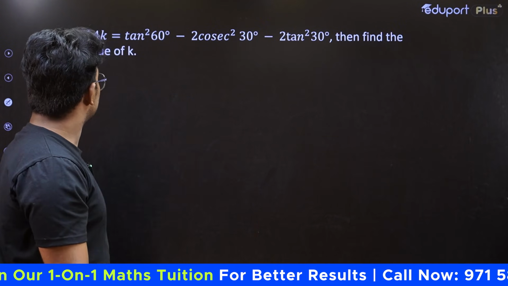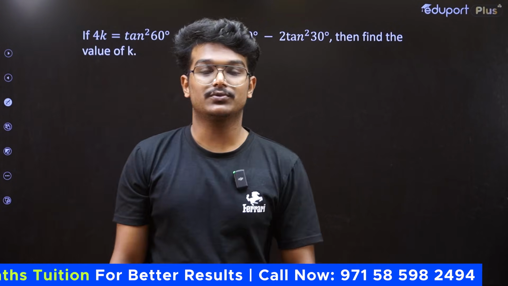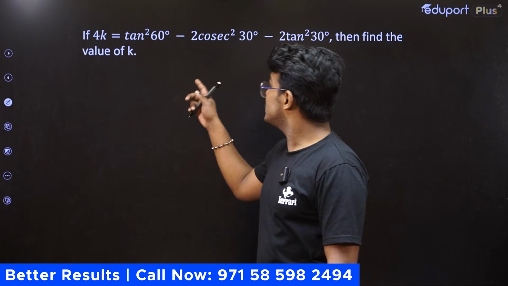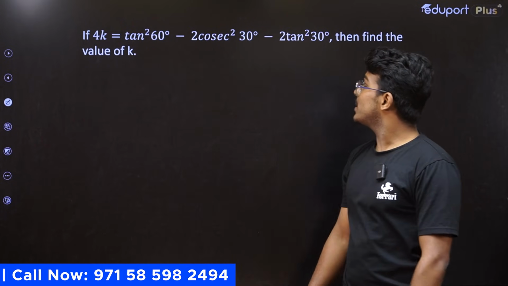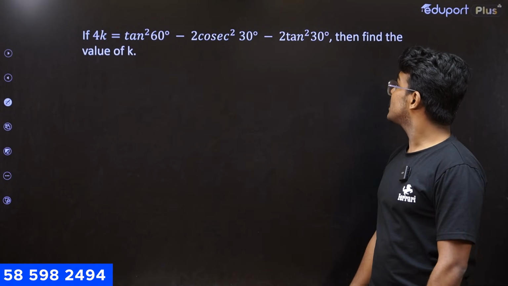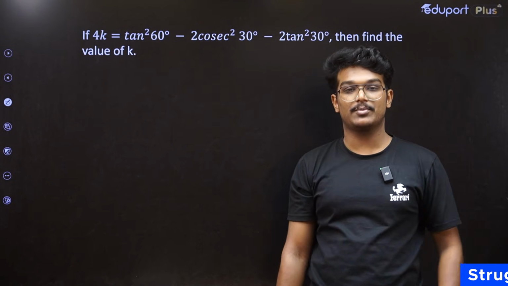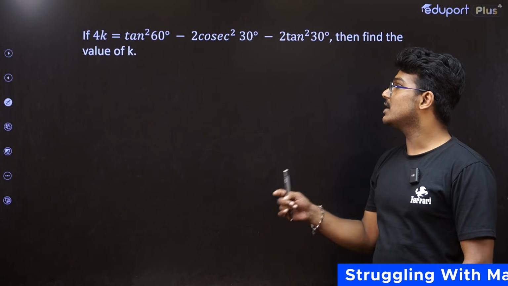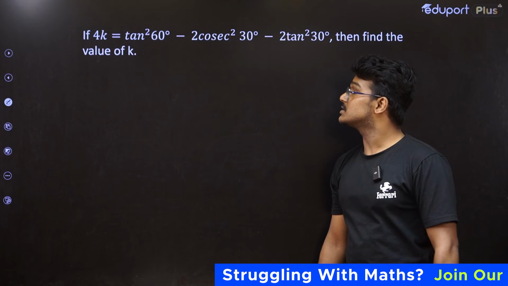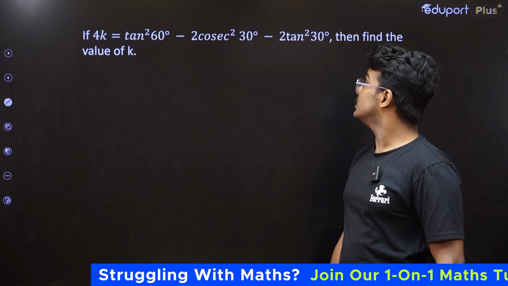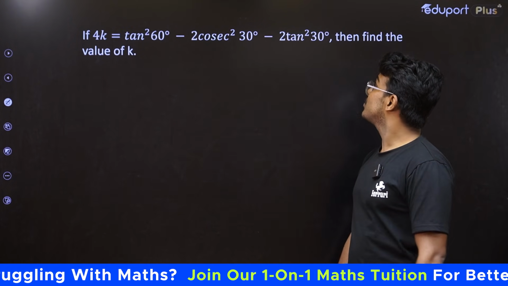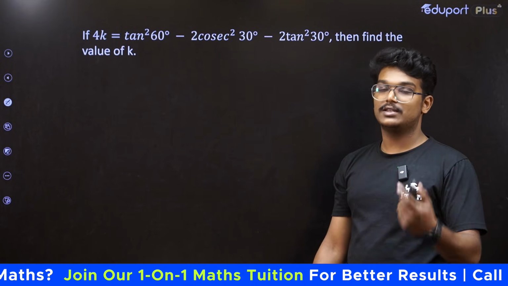The next question is, if 4k is equal to tan square 60 minus 2 cosec square 30 minus 2 tan square 30, then find the value of k.